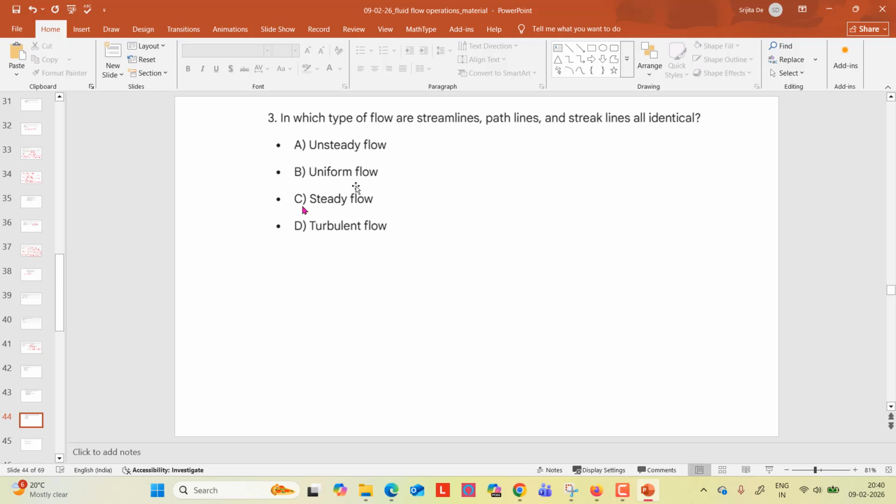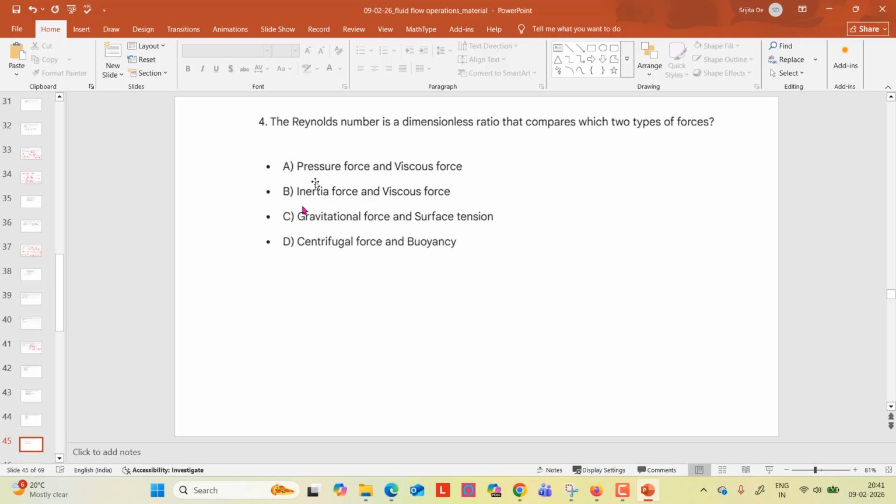Next, in which type of flow are streamlines, path lines, and streak lines all identical? It is the steady flow. Next, the Reynolds number is a dimensionless ratio that compares which two types of forces? I have done it multiple times: it is the inertial force by viscous force.